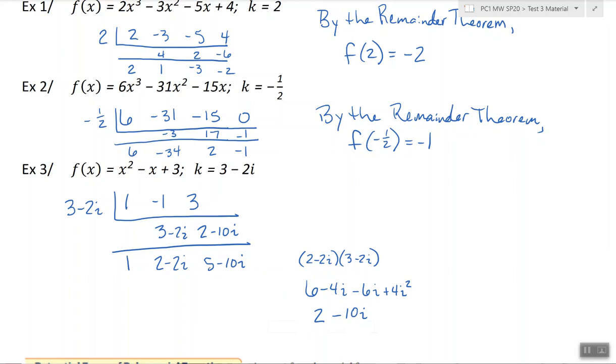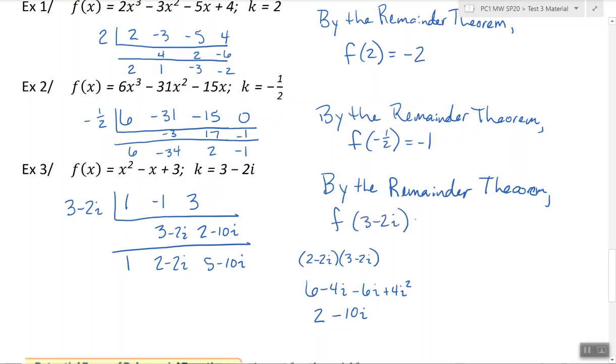So by the time you're finished adding all that up, we can say that by the remainder theorem, f of 3 minus 2i is equal to 5 minus 10i, that remainder there.